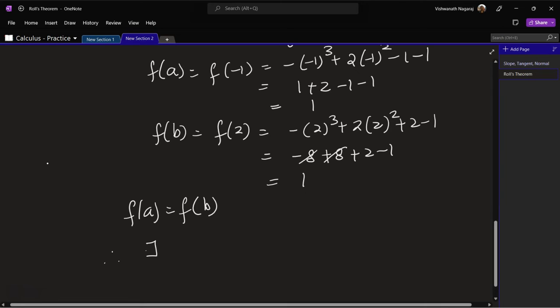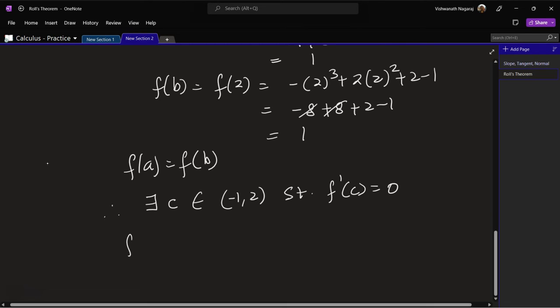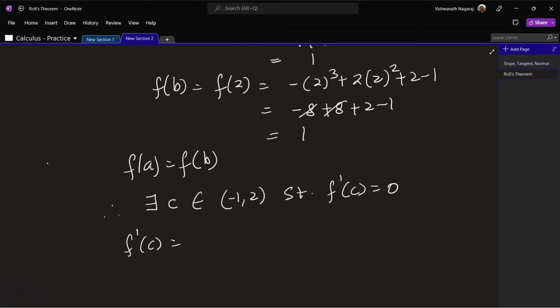So therefore there exists a point c belonging to the open interval -1, 2 such that f prime of c is equal to 0. So f prime of c is going to be what? Wherever x is there, we just write c, but we need to differentiate it.